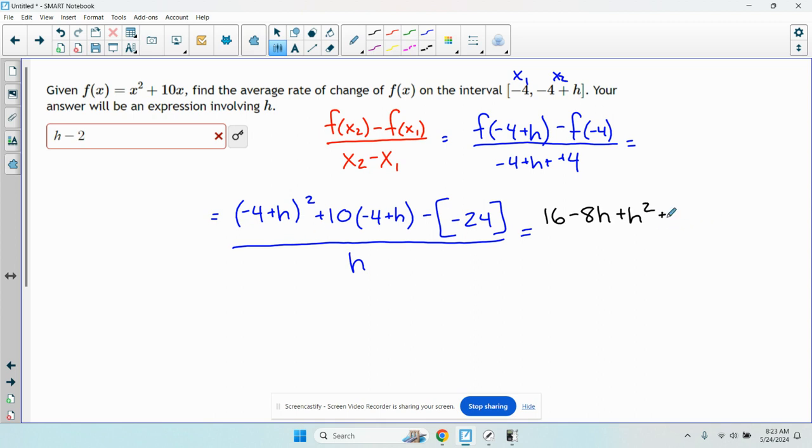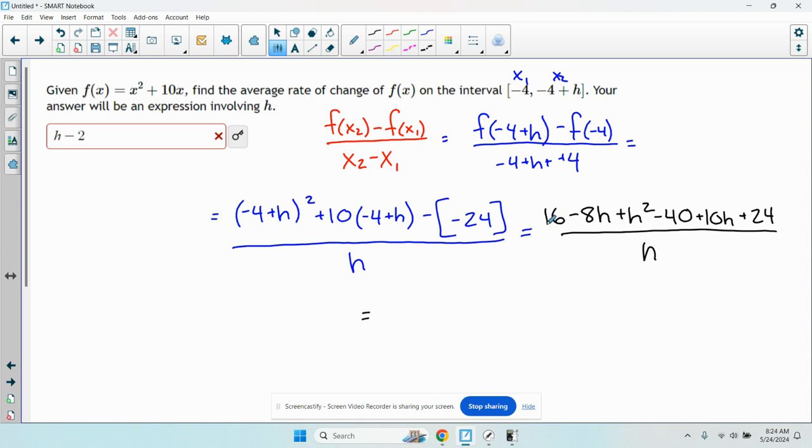Distribute the 10, I get minus 40 plus 10h plus 24, all over h.